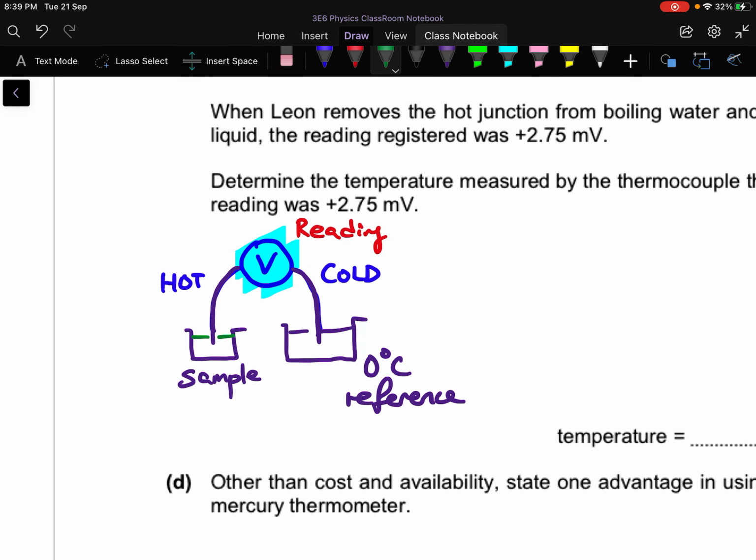Let's say this temperature is T, the temperature difference will be T minus 0. Now you know why the reference is 0, because it's easy. You can put this in liquid nitrogen, but then your equation will become T minus 330. You are asking for it, right? So most of the time we will put the cold junction in 0 degrees C.